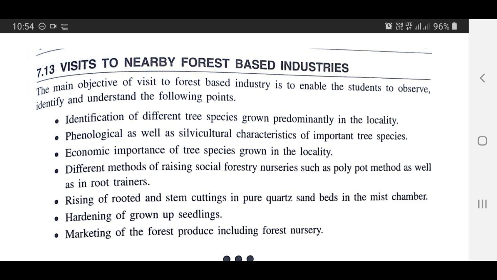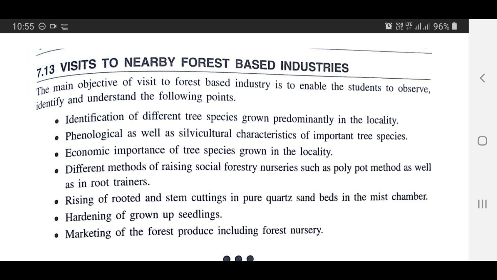Different methods of raising social forestry nurseries, such as polypot method as well as root trainers. This is the nursery aspect generally practiced in social forestry nurseries, which is within the premises of forest or from other premises, for the forestry point of view, for social forestry programs as well as for forest based programs.